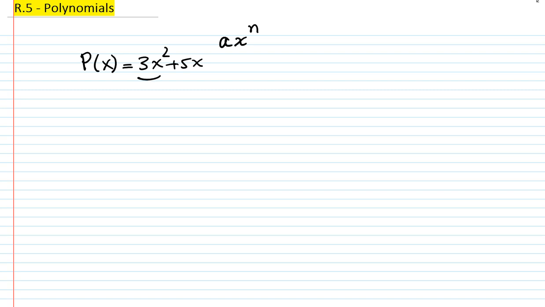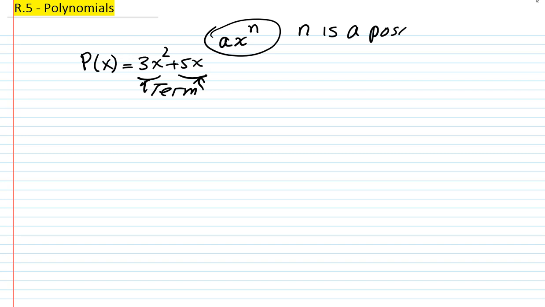The key is that every term, that's what we call these, they are called terms of the polynomial. So I have a term here and a term here. Each of these terms must be in the form ax to the n, where it's important that n is a whole number.